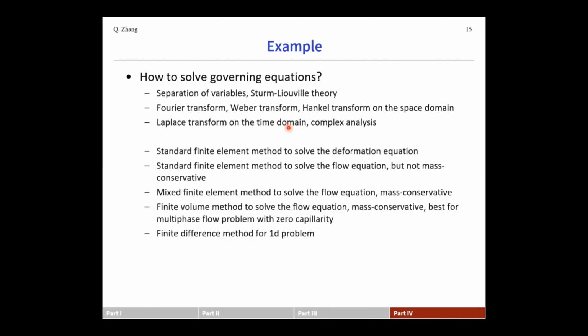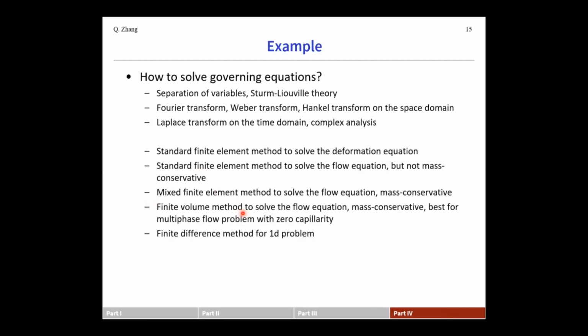And the second category is known as the numerical method. For example, you can use the standard finite element method to solve the deformation equation, and the standard finite element method to solve the flow equation. But the problem is that this is not mass conservative. So therefore, people have proposed some better methods, such as mixed finite element method or finite volume method.